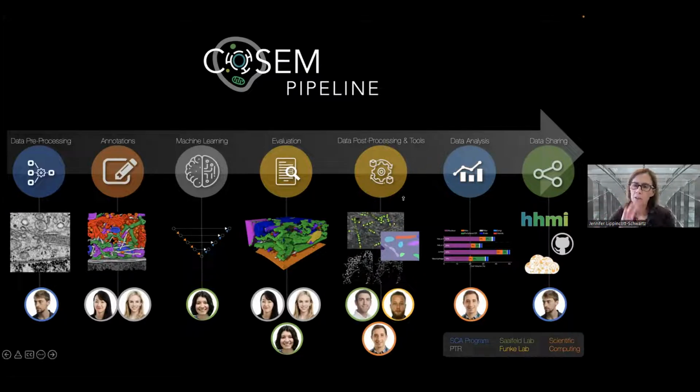And then once that's satisfied, the next step is processing and analyzing this data for interesting features that pop up when we compare different organelles, especially between different cell types.